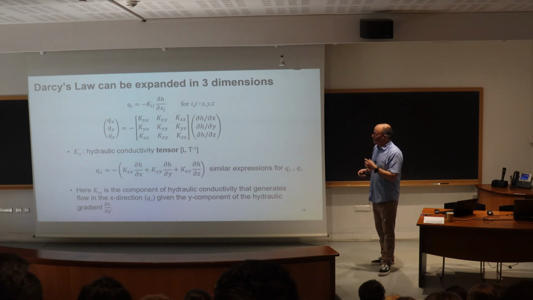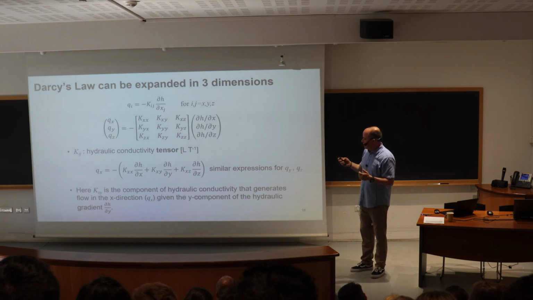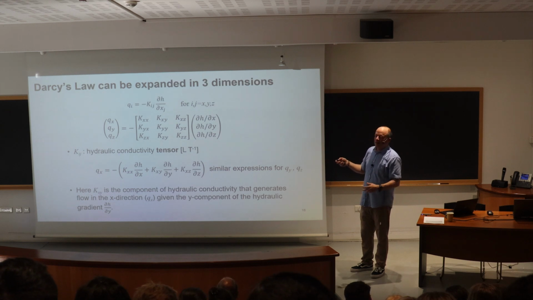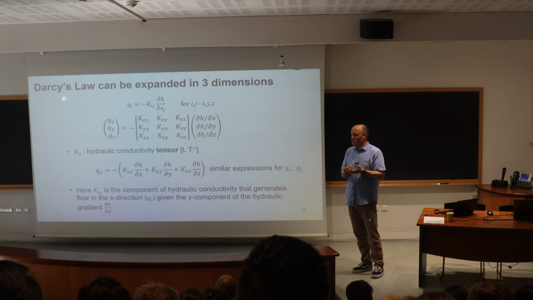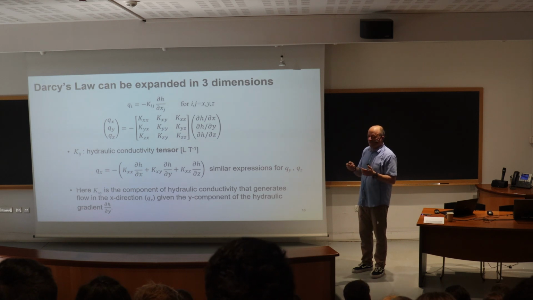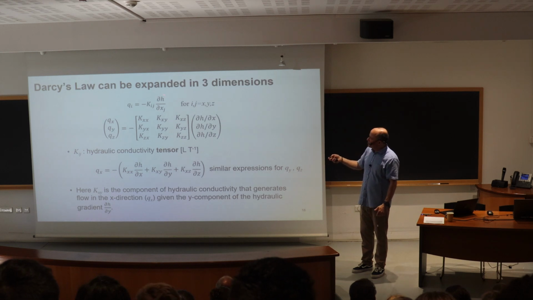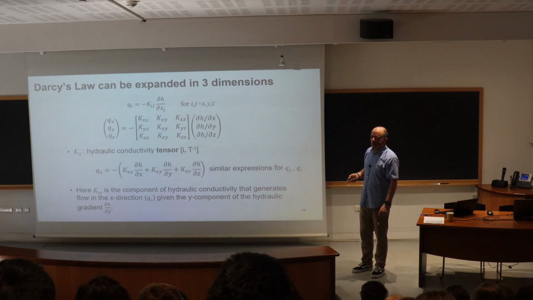Darcy's law can be expanded to 3 dimensions. So if you do some numerical modeling, you will use Darcy's law in 2 or 3D. I just show here the tensorial form, where we have a relationship between q, which is either specific discharge, Darcy flux, some people use specific velocity, but it is the term that comes from Darcy's law. It's a vector, and in 3 dimensions, it has 3 components. The hydraulic gradient also is a vector, with 3 components in 3 directions. So we have here in matrix form Darcy's law, the 3 components of the specific discharge, the 3 components of the hydraulic gradient.